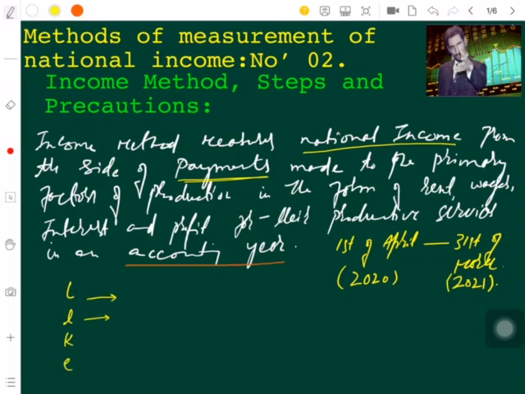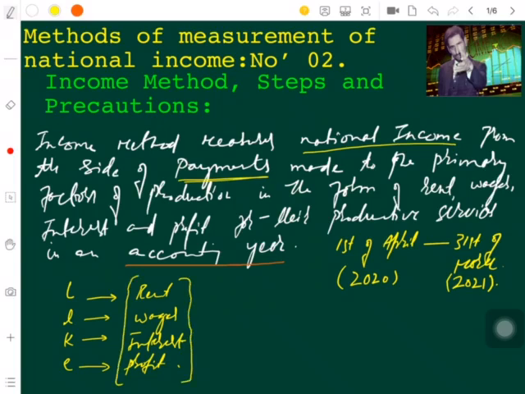These factors are remunerated with factor payments: for land we pay rent, for labor we pay wages, salaries, also called compensation of employees, for capital we pay interest, and to an entrepreneur a profit is paid. This is the payment side we consider in the income method of calculating national income.